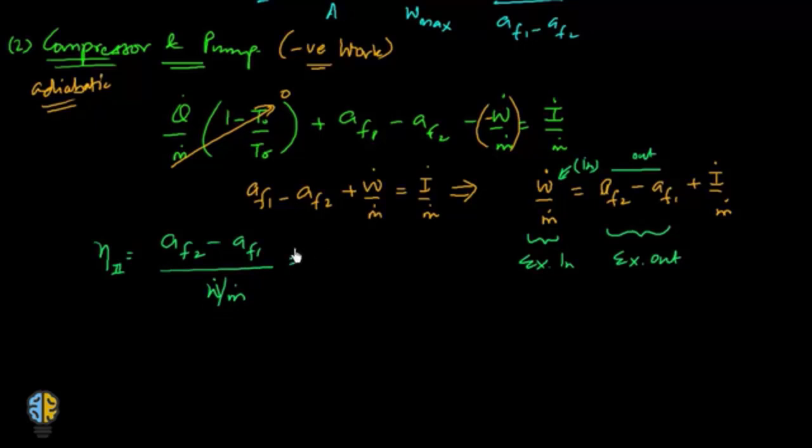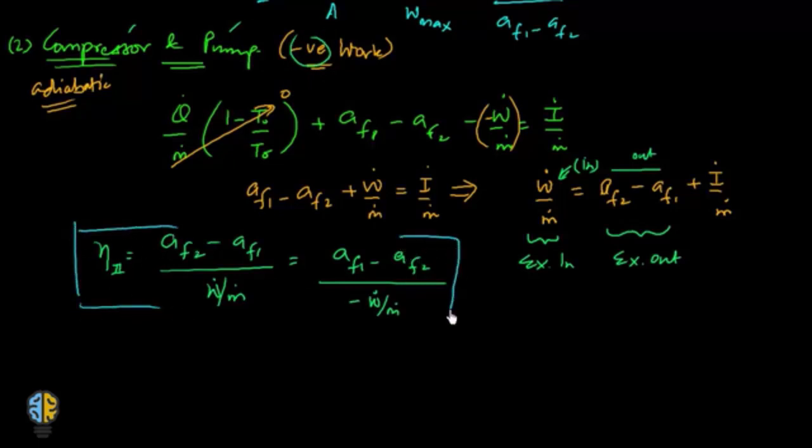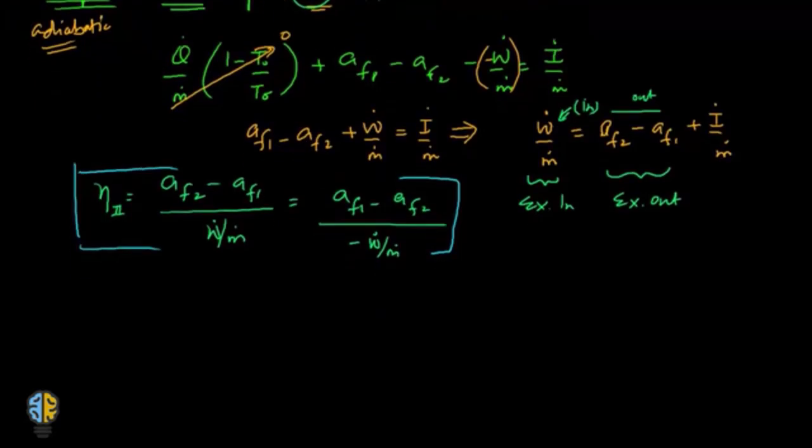If you take it as AF1 minus AF2, it will become more sensible to you, because now you will have a negative value of work, and that is what it signifies, that a compressor and pump has a negative value of work. So this is the formula to note down for the second law efficiency of a compressor and a pump.